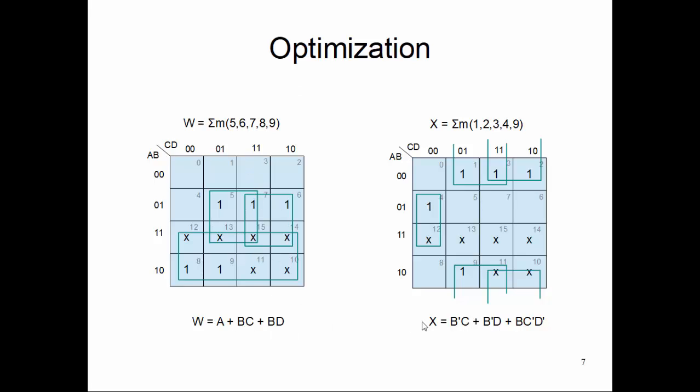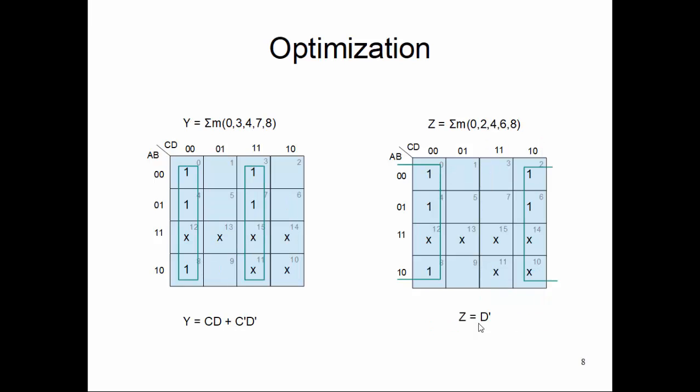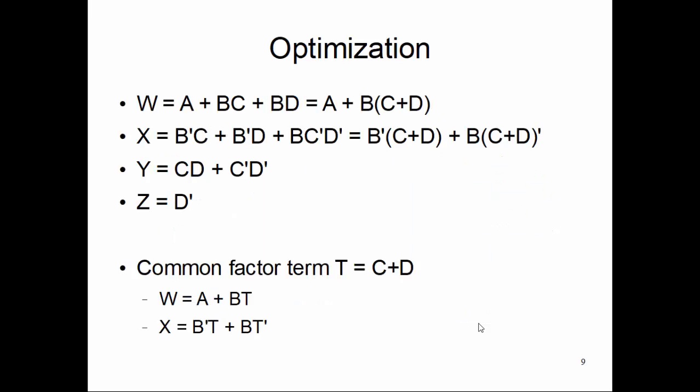So these W, X, Y, Z are obtained from the K-map optimization, right? And from there, what we are trying to do now is, can we derive some common logic across these different output variables W, X, Y, Z? Why?